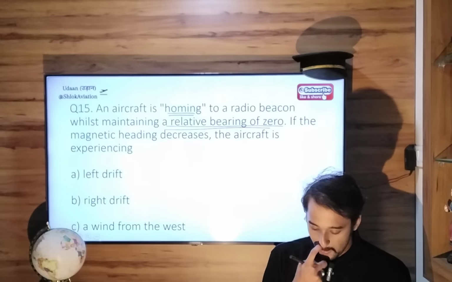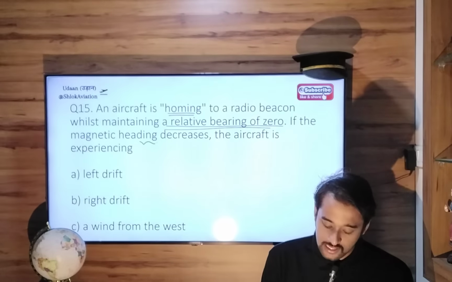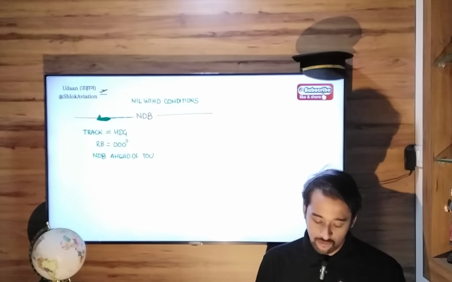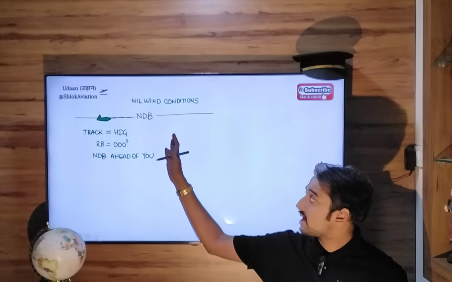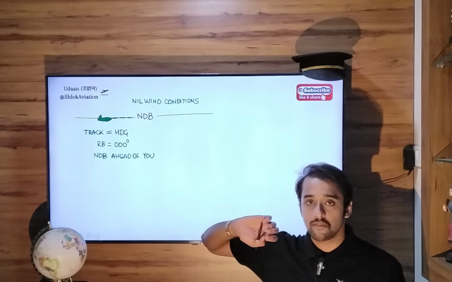Next, if the magnetic heading decreases, the aircraft is experiencing what kind of drift? Okay, now this is condition number 1. Where there are no wind conditions, the heading of the aircraft is directly pointing towards the NDB.